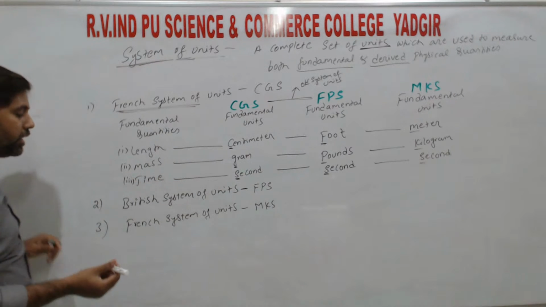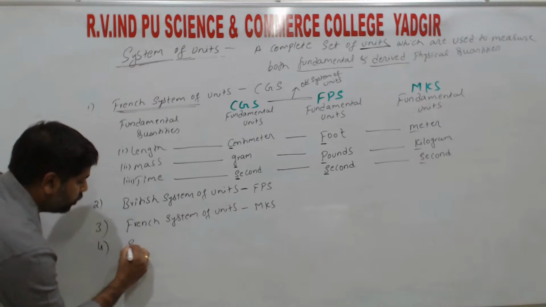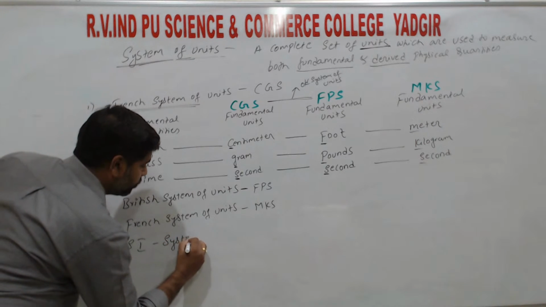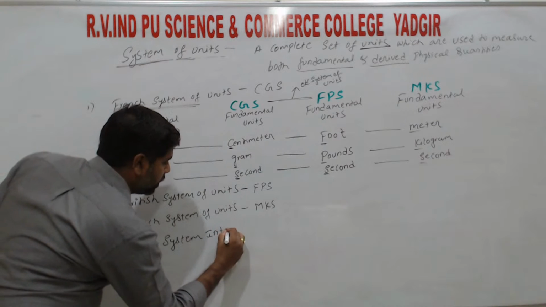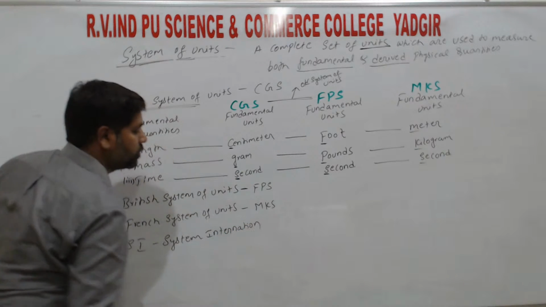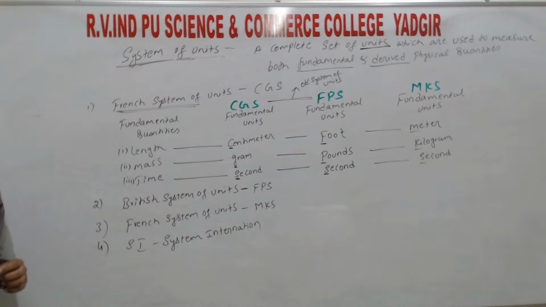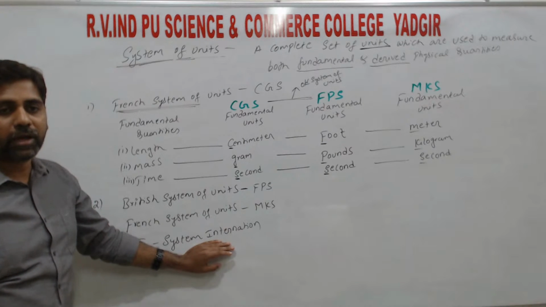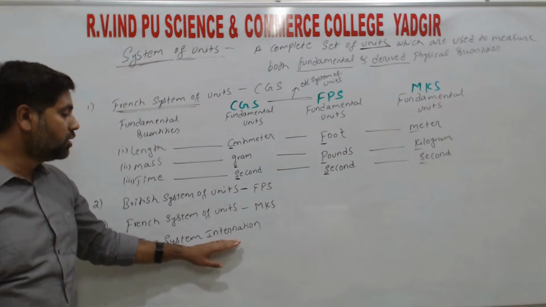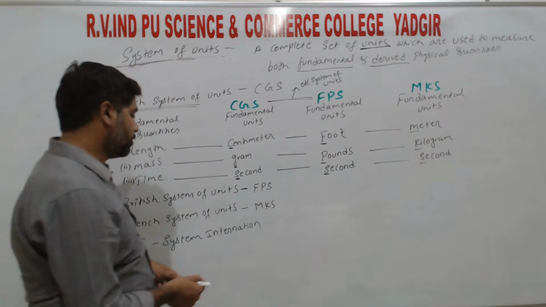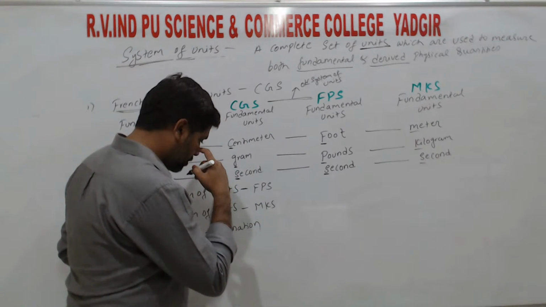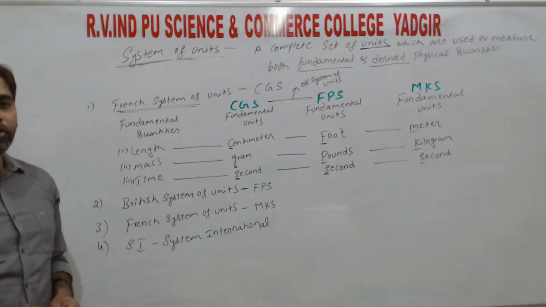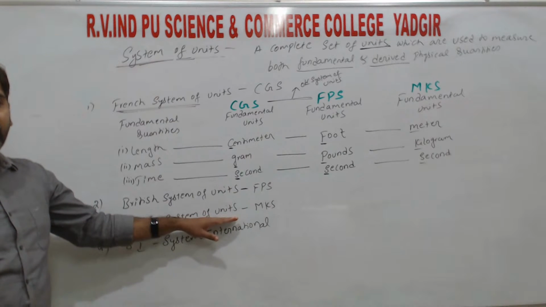Along with that, finally we are going to use the SI system, that is system international, or we call it the international system of units. We can call it either way, system international or international system of units. This is similar to the MKS system, right?